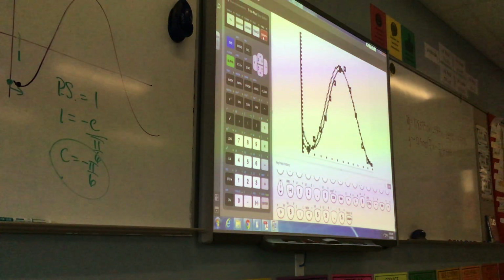It should just be minus negative 2.44 whatever. It should just be minus that.